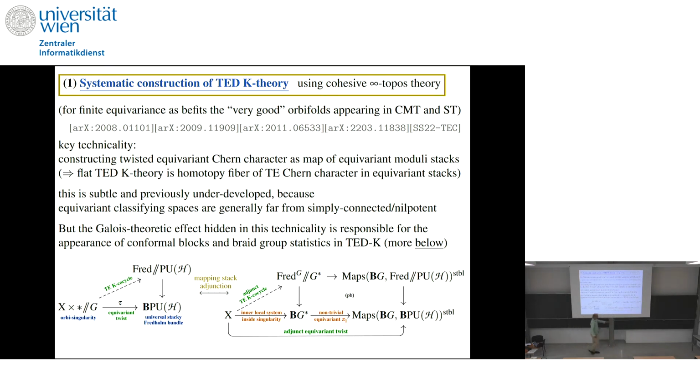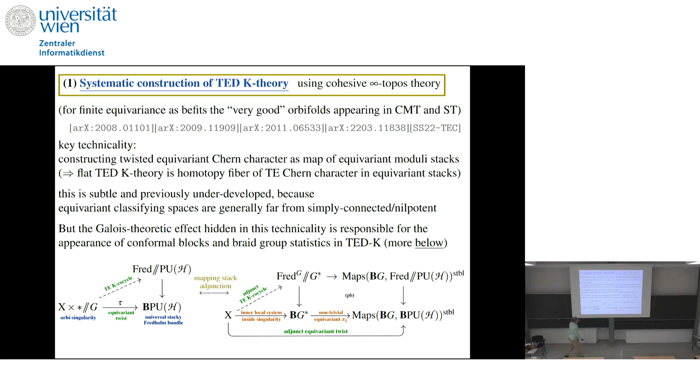But the point is, this mapping space from BG to BPU(H), this mapping stack, turns out to be the G stage of the equivariant classifying space for PU(H) bundles. And that is not simply connected. In fact, for nice enough finite groups, this contains the Pontryagin dual group G* of G as its fundamental group.